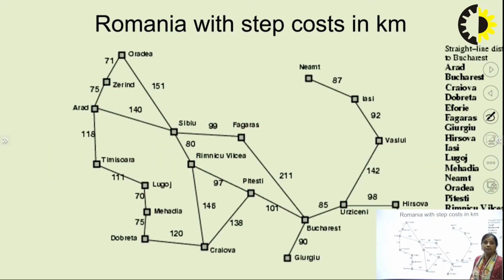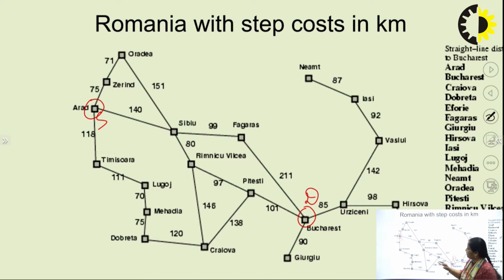Let us understand with an example. On this slide I have taken the Romania map, from the textbook. I want to start from Arad and reach Bucharest. My aim is to find the best path from Arad to Bucharest.